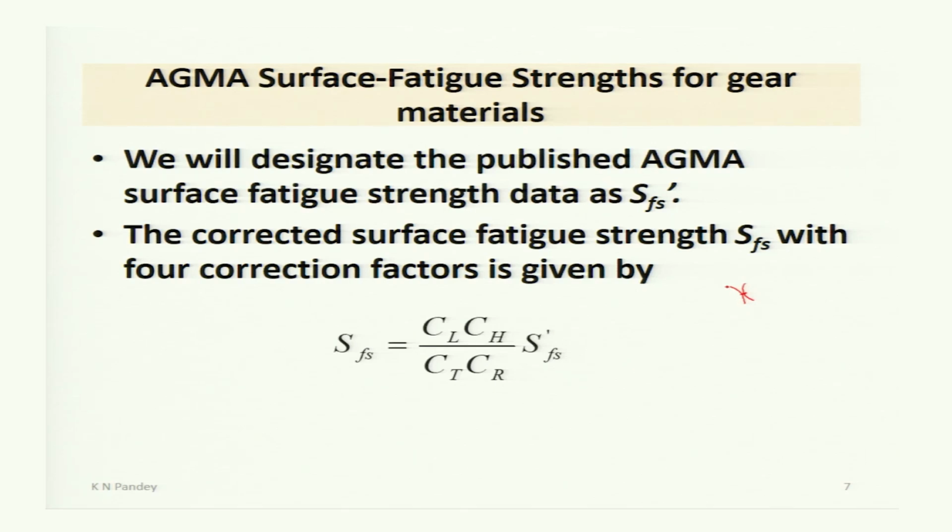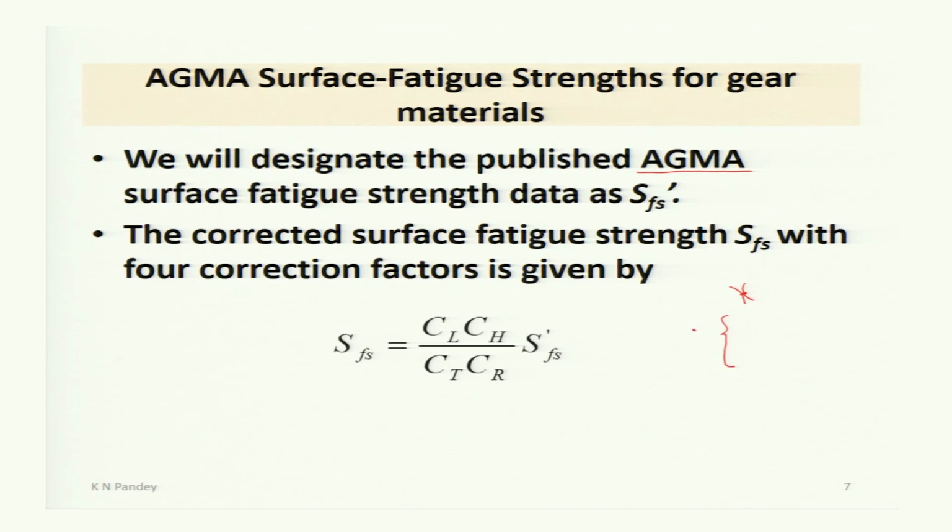The surface fatigue strengths are given in the literature or in the data books by AGMA, the American Gear Manufacturers Association, and those data are again for a certain set of conditions.